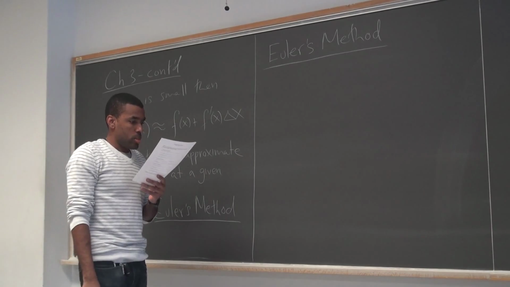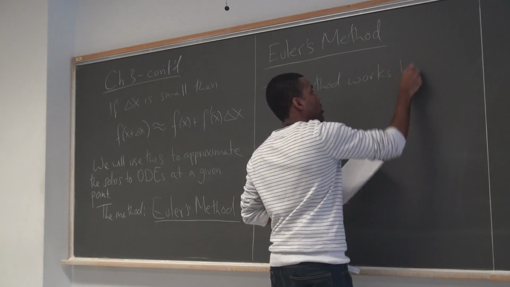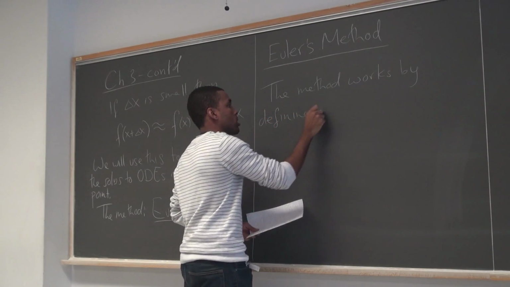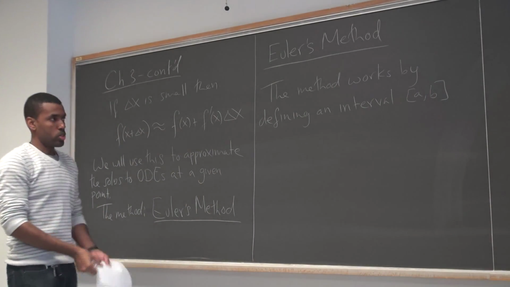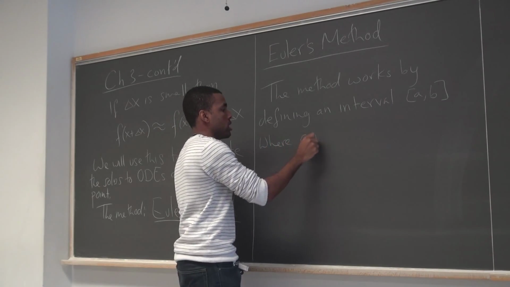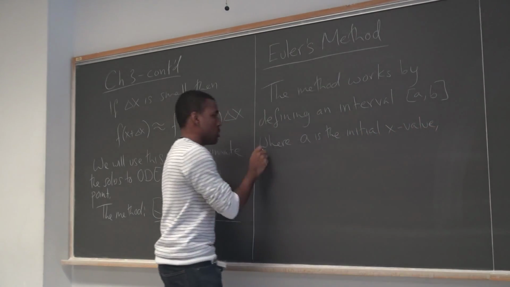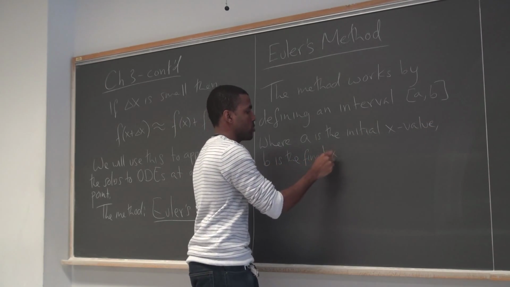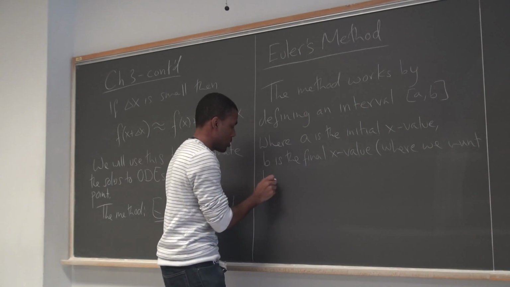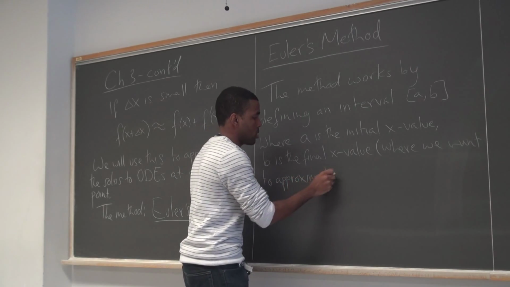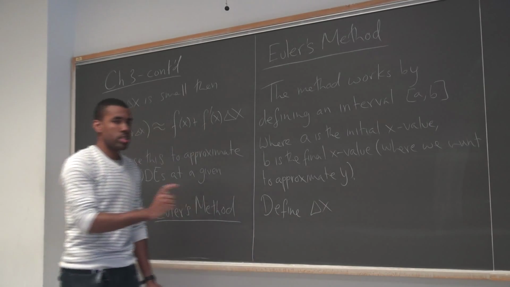So, how do I describe this? So first we're going to consider an interval in which to work, where A is the initial x value, B is the final x value, we define delta x to be the size of the increments that we're taking, right?